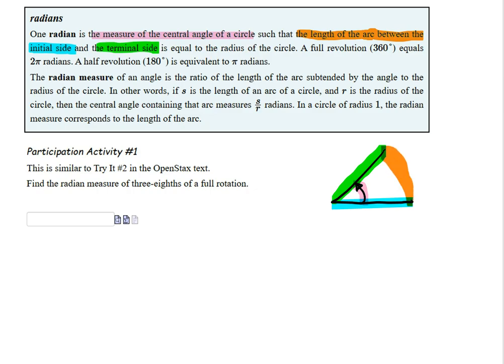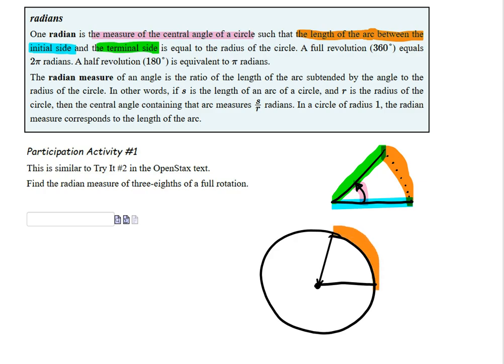Can't really use a black pen, so it needs to be a dotted line. That dot shows the rotation, because this is coming out of a complete circle. When you have your initial side here and your terminal side there, they're talking about the length of that arc right there.